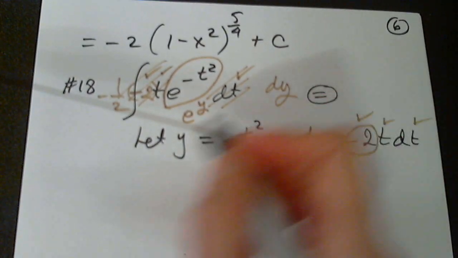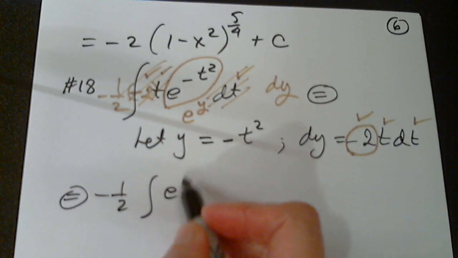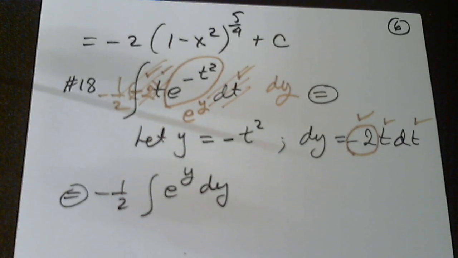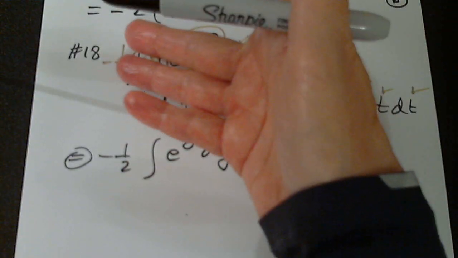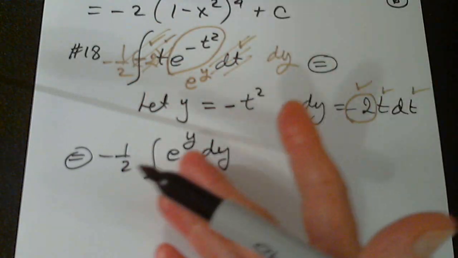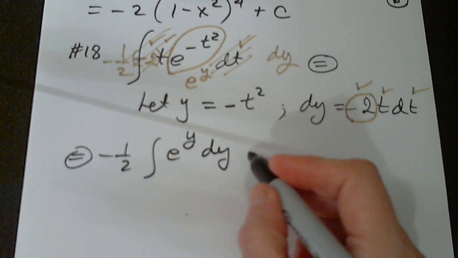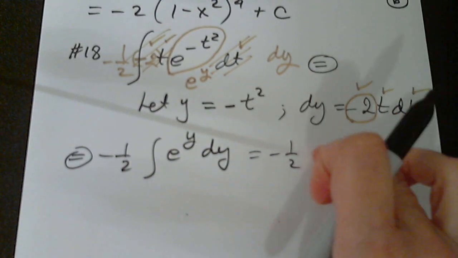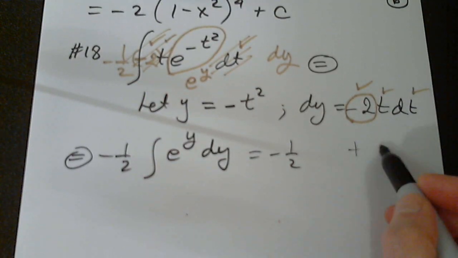So, negative 1/2 in front, the integral of e to the y dy. The substitution is supposed to change a complicated integral into a very simple one. So this is negative 1/2, and the function whose derivative is e to the y, plus a constant c.